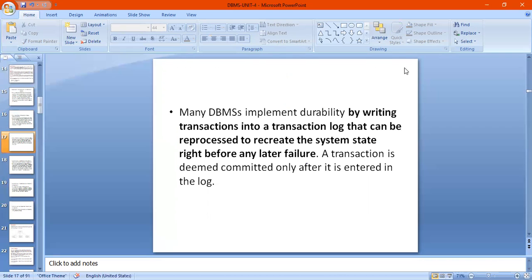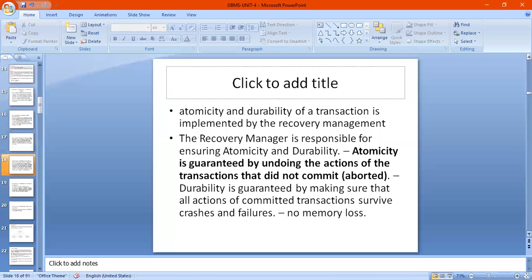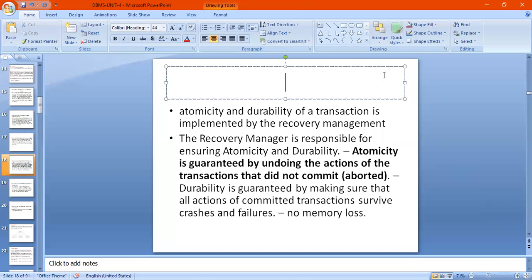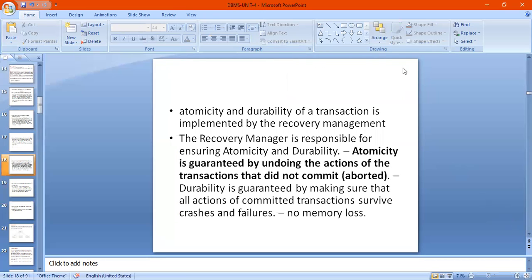A transaction is deemed committed only after it is entered in the log. Atomicity and durability of the transaction is implemented by the recovery management.